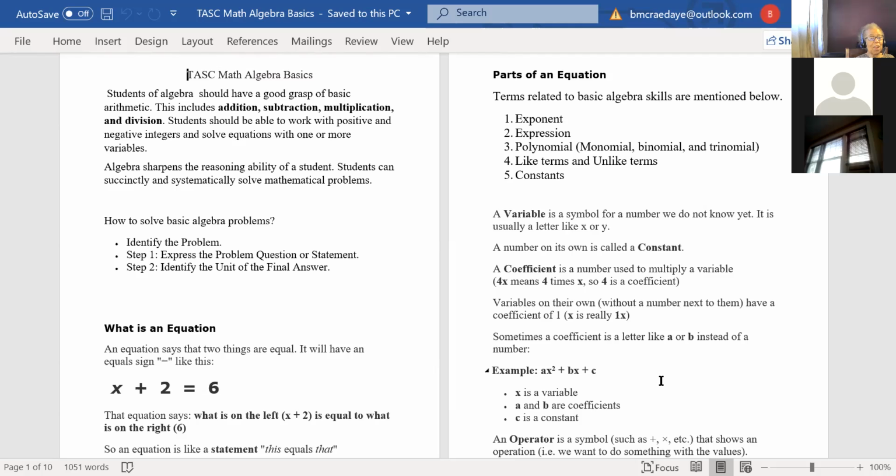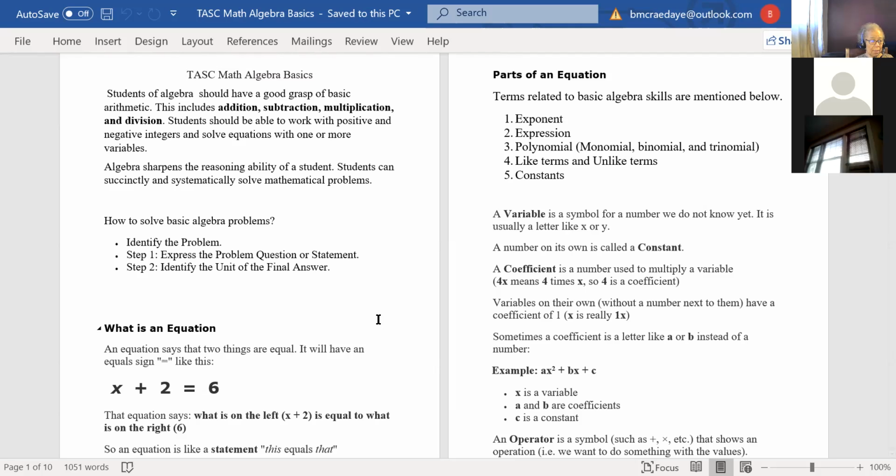Those are variables. 50, what does that represent? That represents a constant, a number on its own. So in an equation, you can have a variable, like here you have x, and then you have these constants, 2 and 6. Now you have to understand the basic arithmetic, which is addition, subtraction, multiplication, division. Those have to be clear, and then you have to understand sign number rules in order to do algebra.